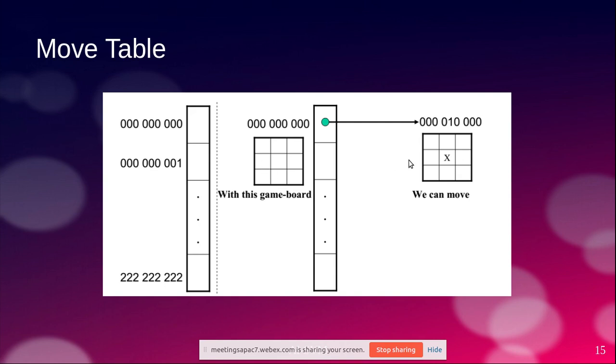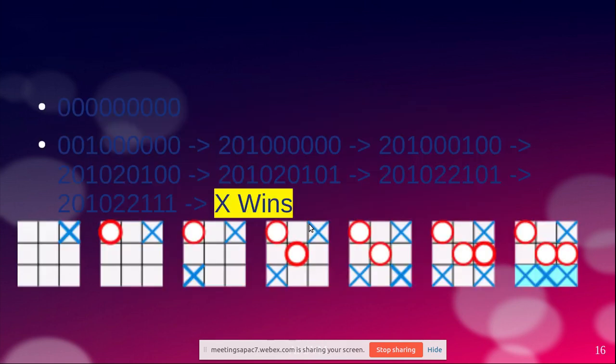It is only for our convenience. So this whole sequence is stored in the memory. It starts with all 9 zeros, then some ones, some twos, and finally goes up to all twos. So that makes 19,683 possibilities. So it will have 19,683 rows and two columns, one column for present state, one column for next state. So this has to be created.